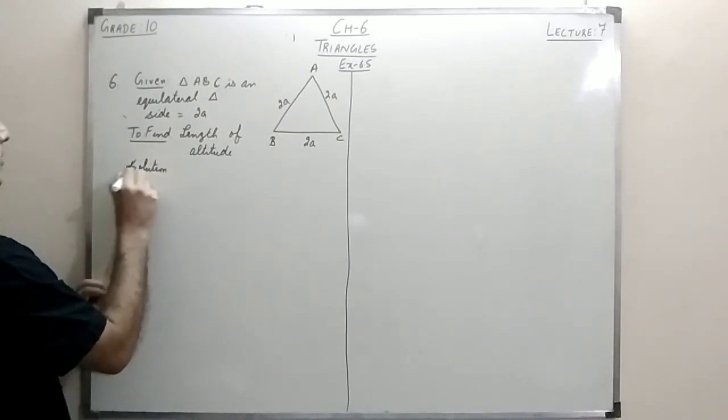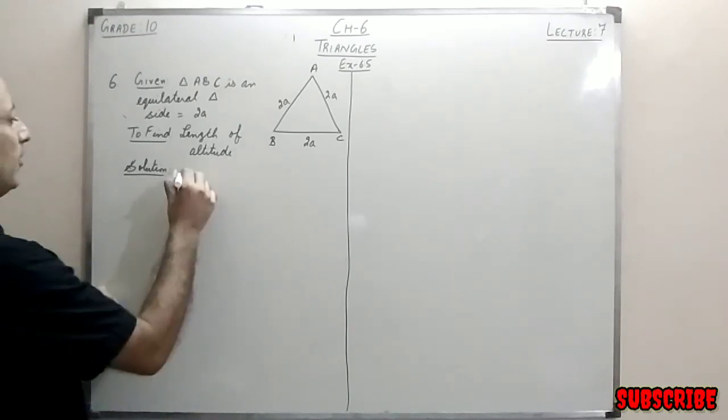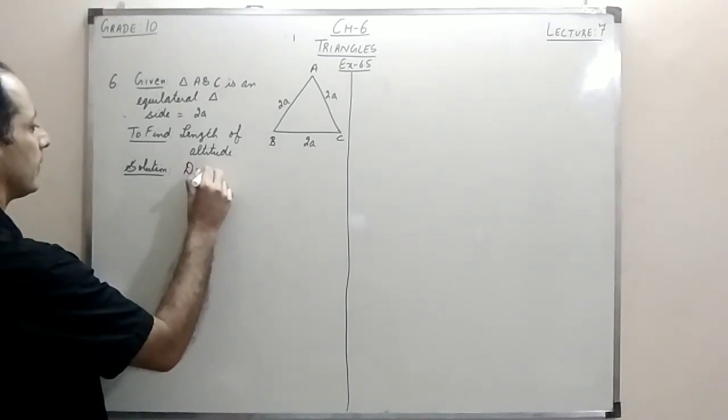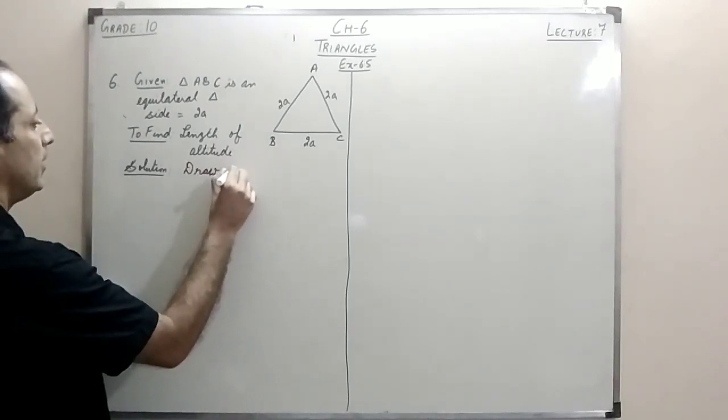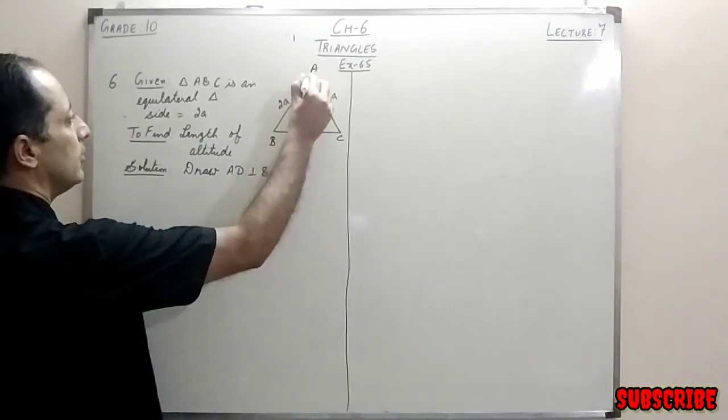Now in this question, we draw an altitude AD perpendicular to BC.